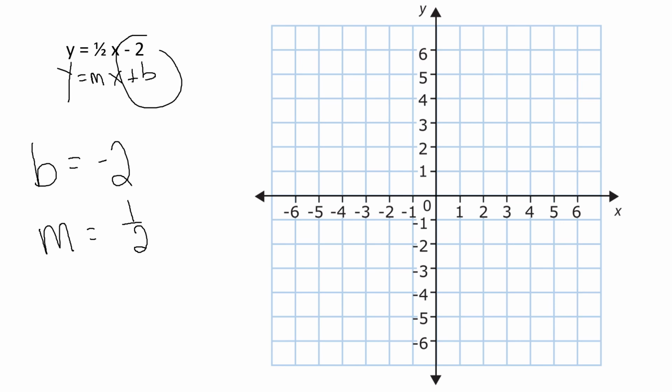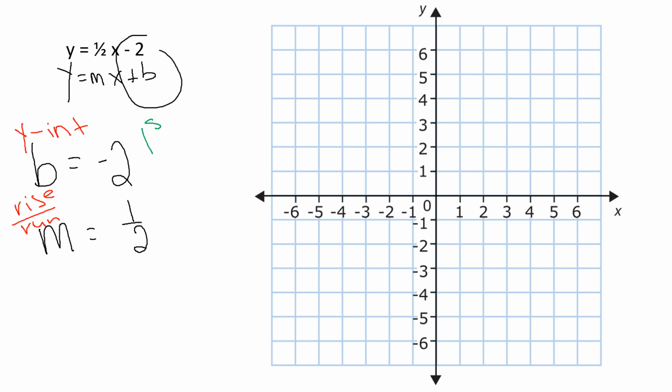Remember that b is the y-intercept, or where it crosses the y-axis. m is your rise over run. Always and forever graph your b first.